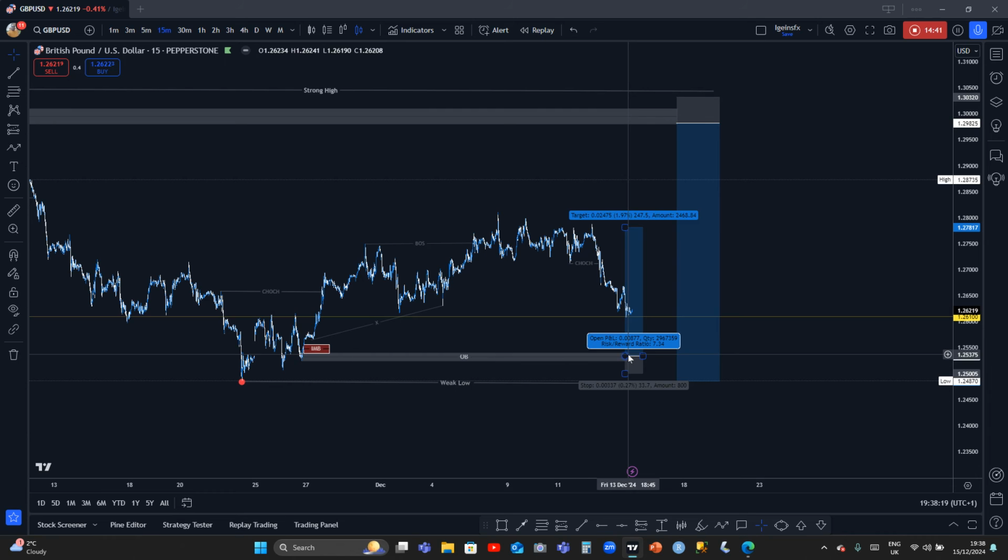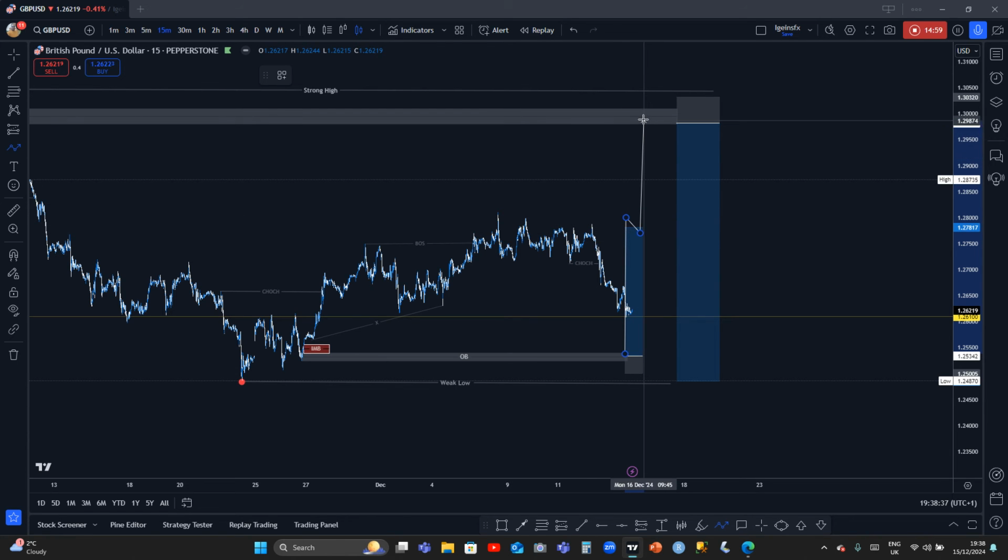As soon as this place holds and it dishes out a buy, all we will see is that it will resume the bullish run.